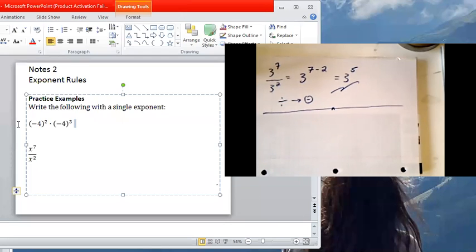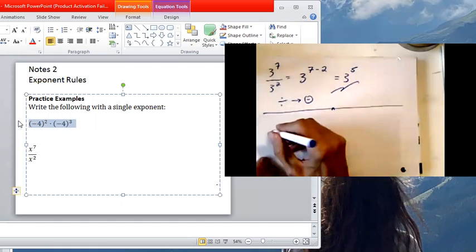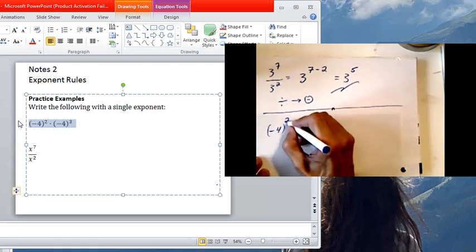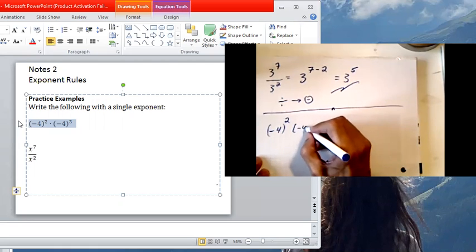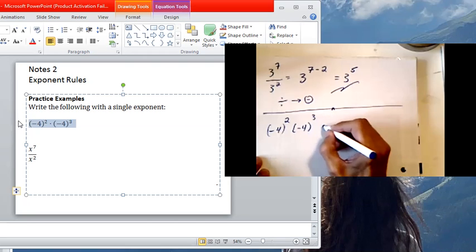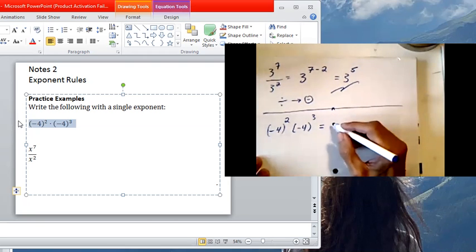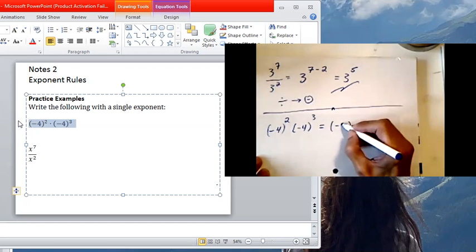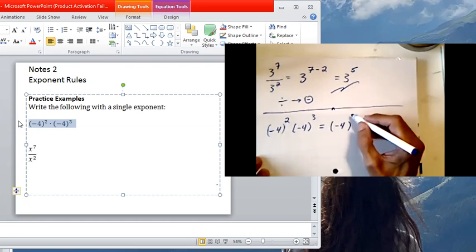It takes time to go to the slide. Okay. So -4 to the power of 2. And then the dot, does that mean we multiply together, right? That's right. -4 to the power of 3, right? Yep. Okay. So final answer, we'll say final answer for this. -4. Good. So -4 to the power of 5.